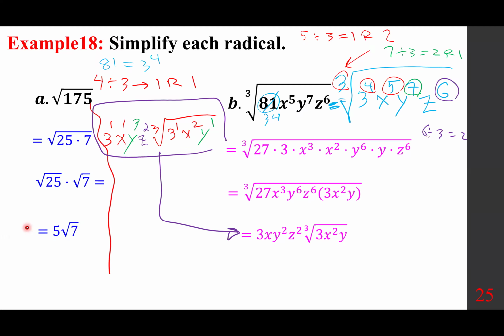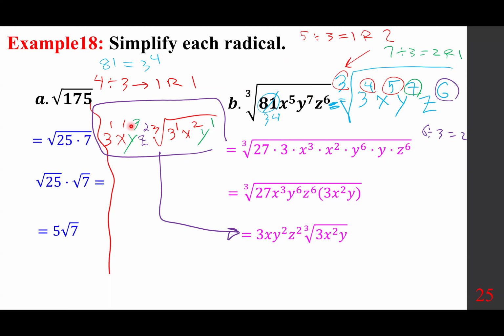Now, the more complicated this expression, the easier this way. So a quick recap of the method I just mentioned. I would write each one in factored format. Everything is in factored format except 81. I write it as 3 to the power of 4. And I'm going to divide all these exponents by 3.